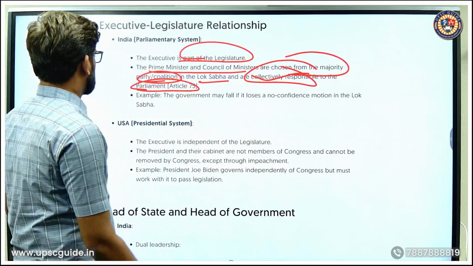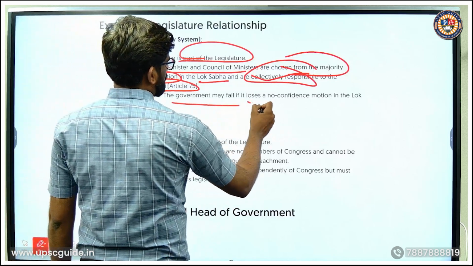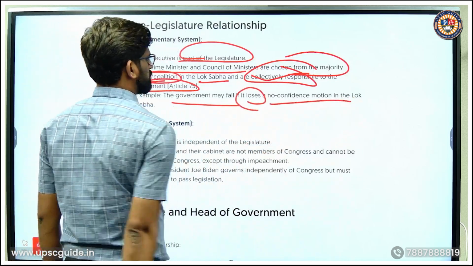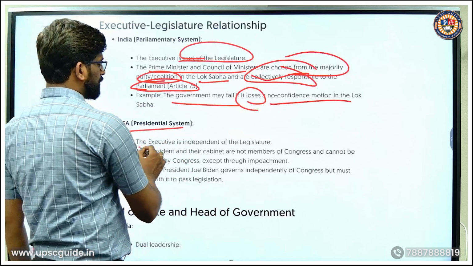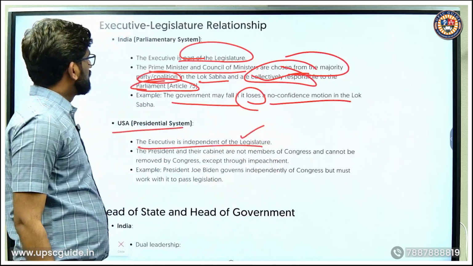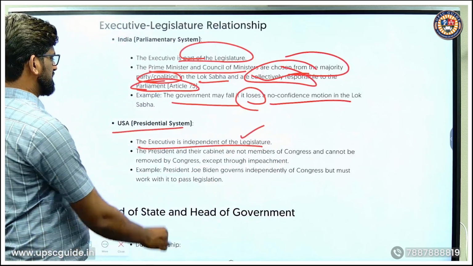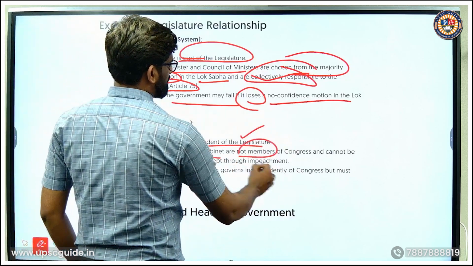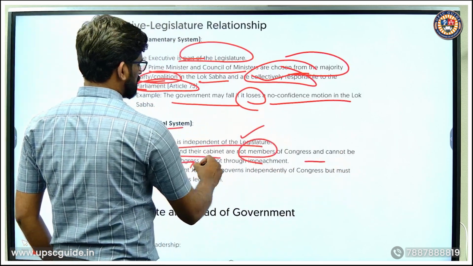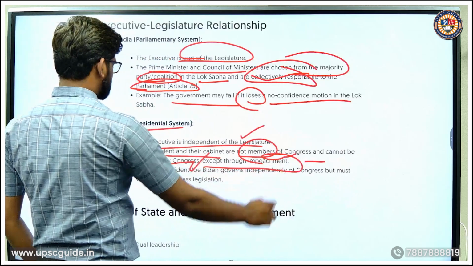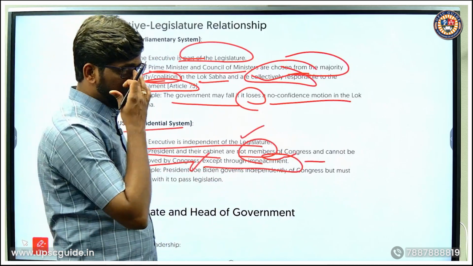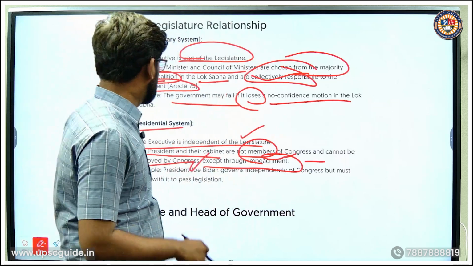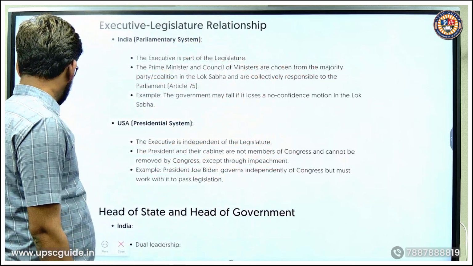For example, the government may fall if it loses a no confidence motion in Lok Sabha. At the same time, in USA there is a complete separation of executive and legislature. The President and their cabinet are not members of Congress and cannot be removed by Congress except through impeachment. So that is the first difference between parliamentary and presidential forms of government, the executive-legislative relationship.